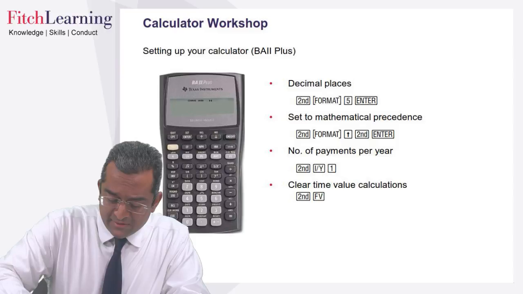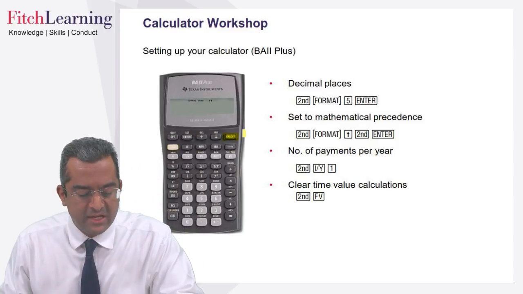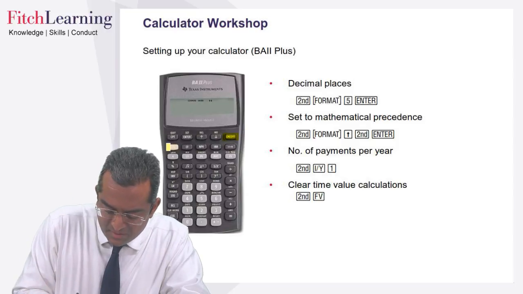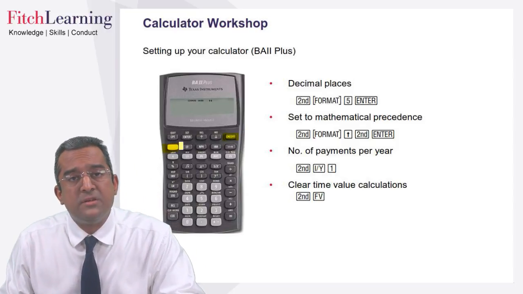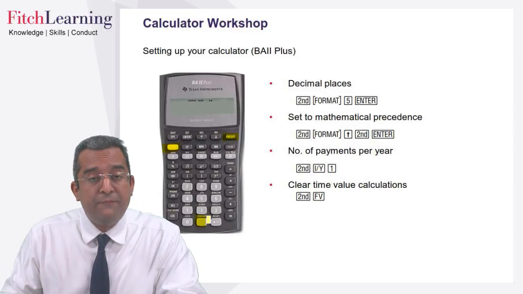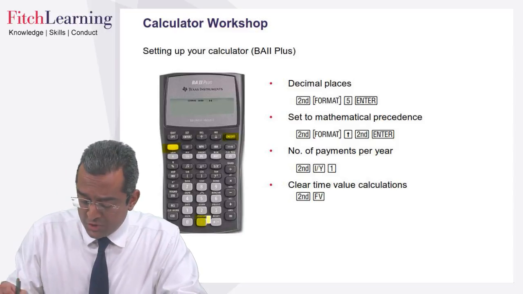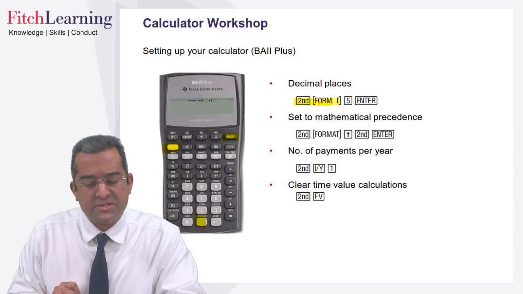You start by putting the calculator on, and then you press the second button, which will give you access to the format function. So press the decimal point button now, for the format function. Second and format has been pressed, right?